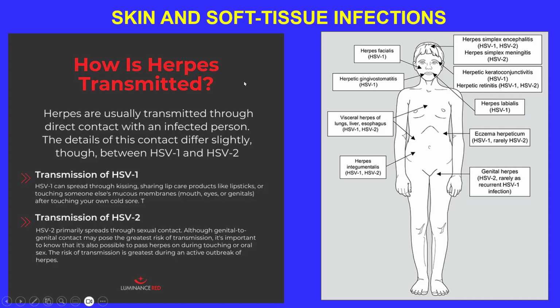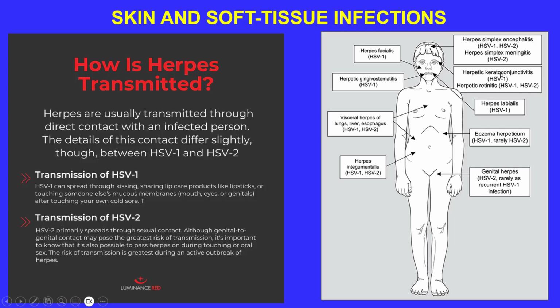How is herpes transmitted? The transmission of HSV1 and HSV2. Okay? In all cases, transmission is always the greatest during an active outbreak. Okay? You can see where some of these lead to further complications.